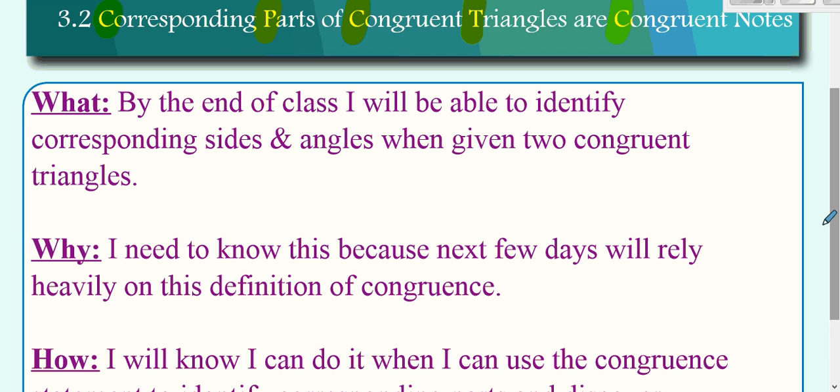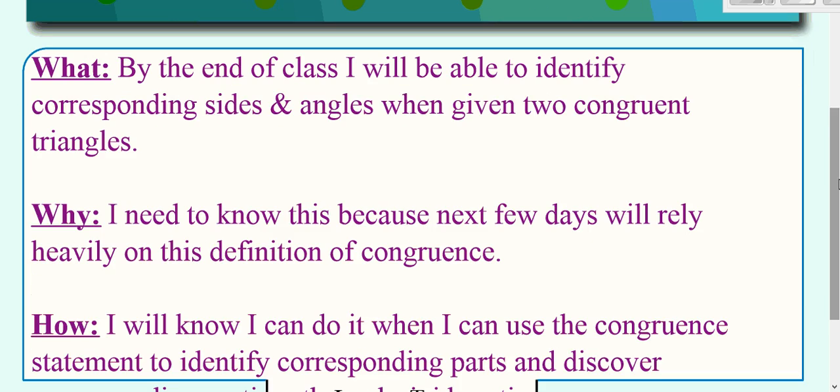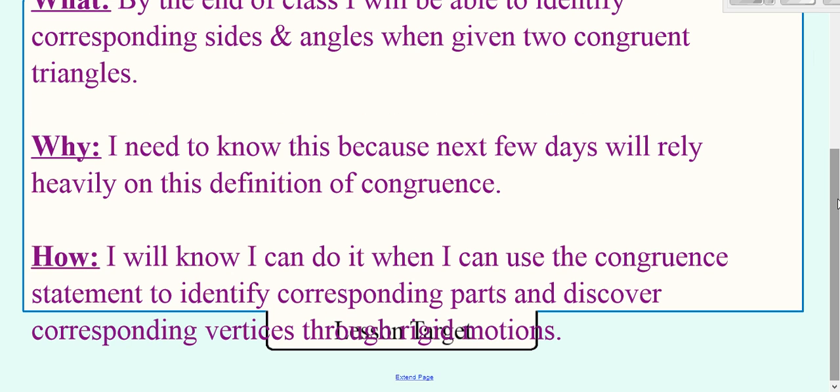Almost everything in this entire unit is all about congruent triangles, so it's important that you have a good understanding. You'll be able to use a congruent statement, identify corresponding parts, and discover the corresponding vertices through rigid motion. Sometimes it's going to be a reflection, a rotation, or a translation, but you'll be able to see that they are congruent through all that.